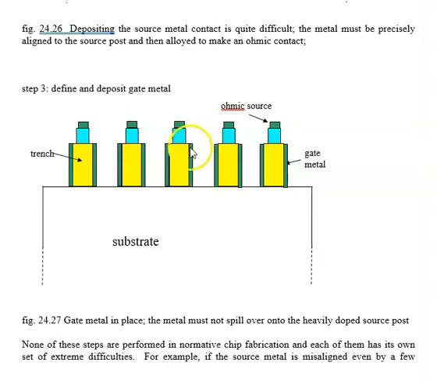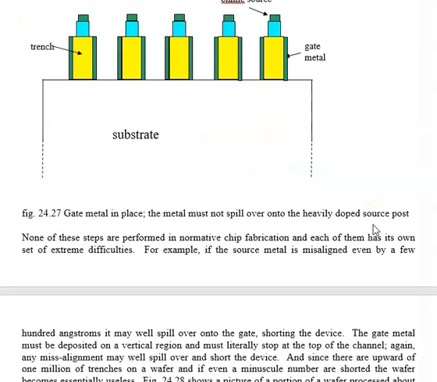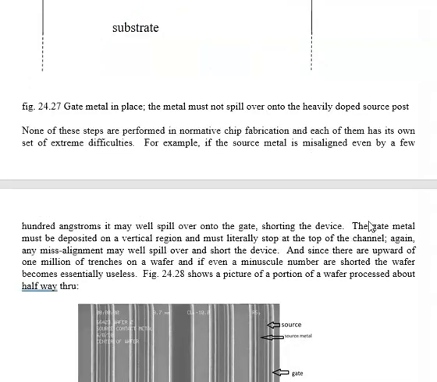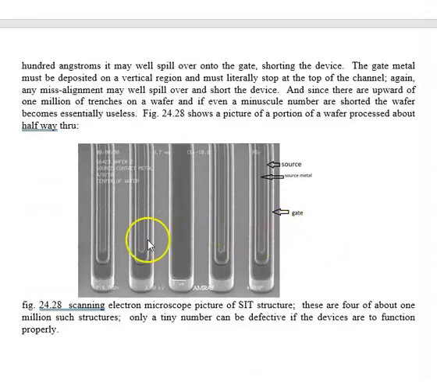So these are two incredibly difficult alignments, and we can expect that the yield is going to be, to say the least, quite low. So, assuming we can do that, which is a huge assumption, let's take a look at a real device.